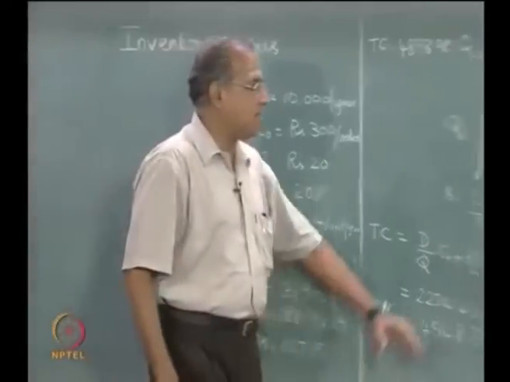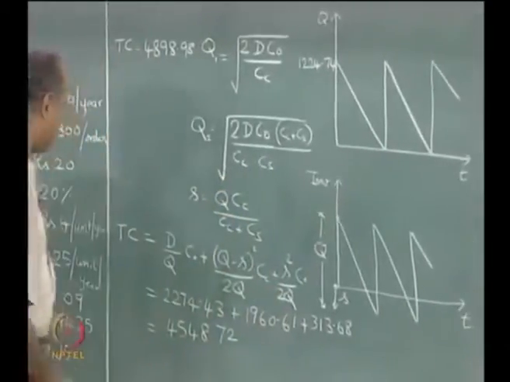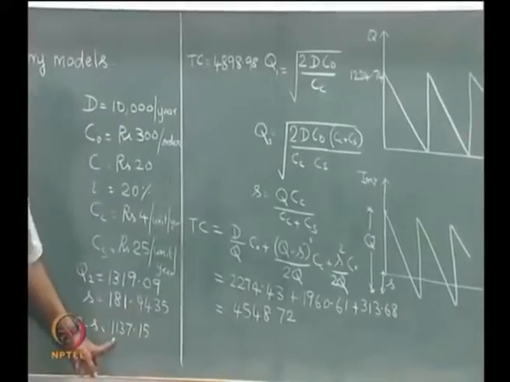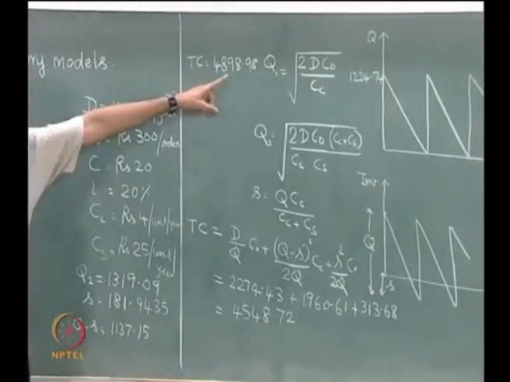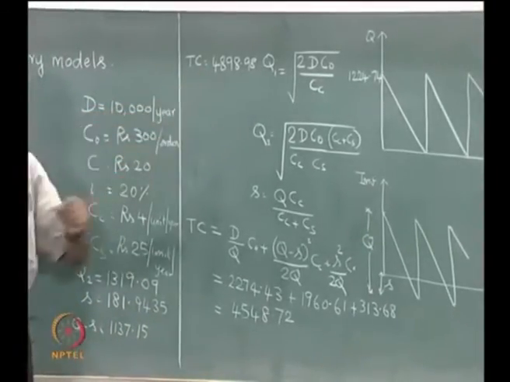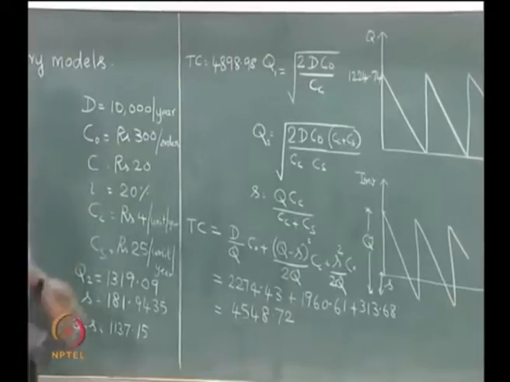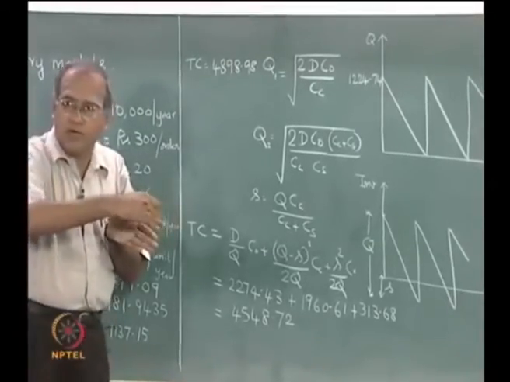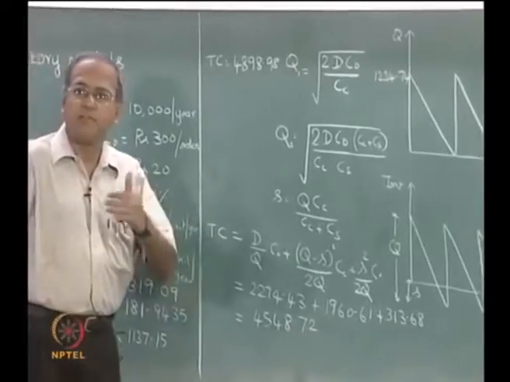So, the maximum inventory that we will hold is 1137.15 as against 1224.74.